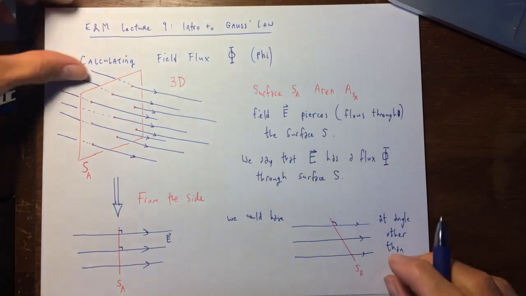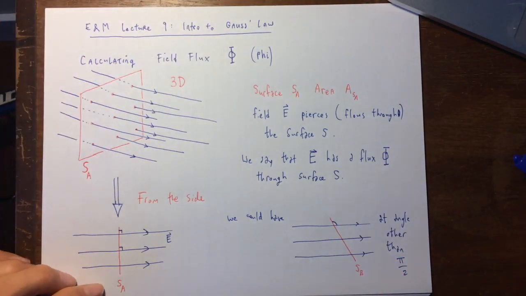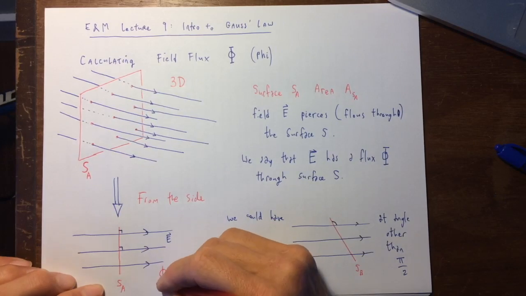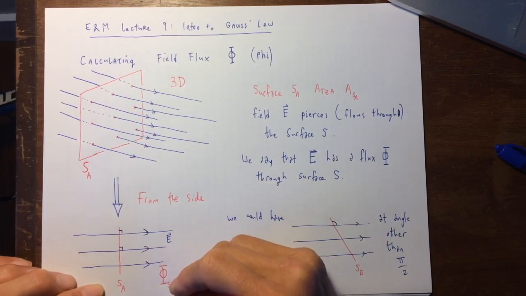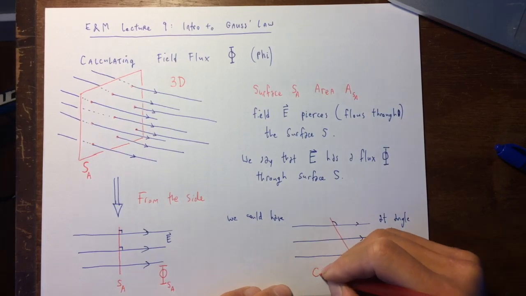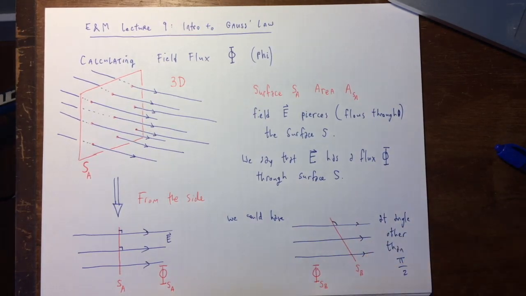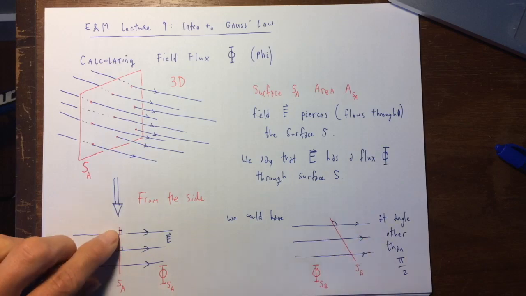So this flux through surface A and this flux through surface B present different issues in thinking about the flux, depending on the angle.